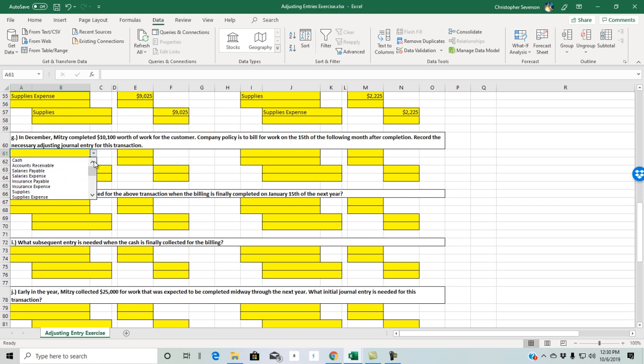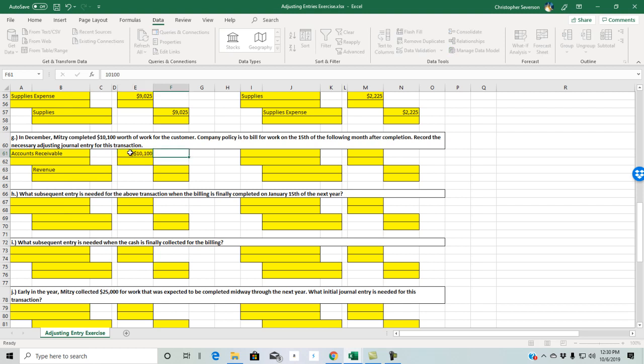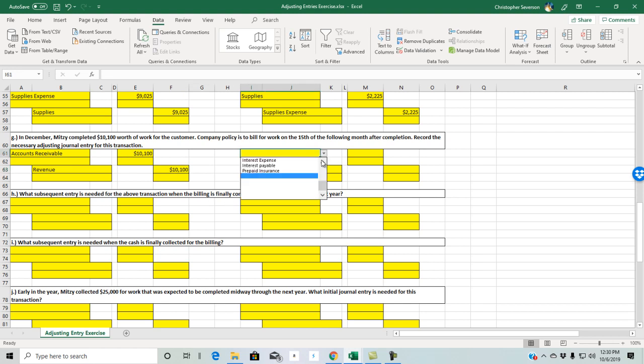We need to debit accounts receivable to show that we're going to receive it, and we're going to credit revenue. It's an accrued revenue, but it's just the revenue account for the $10,100 reported. Remember, the accruals don't have an alternate method, so it's the exact same.